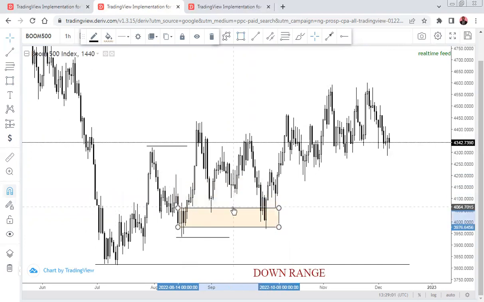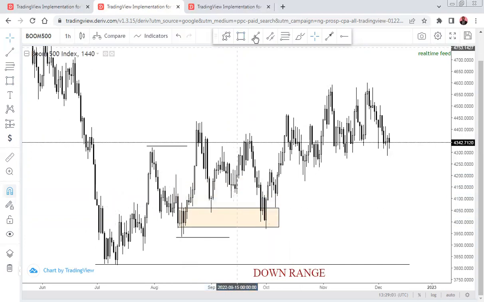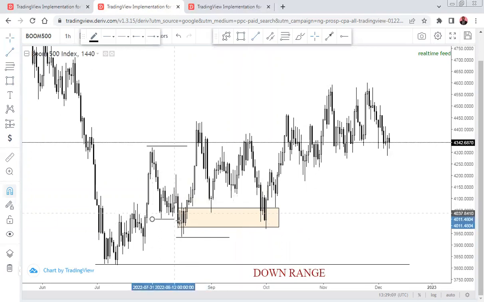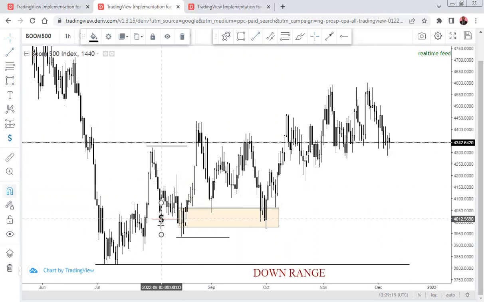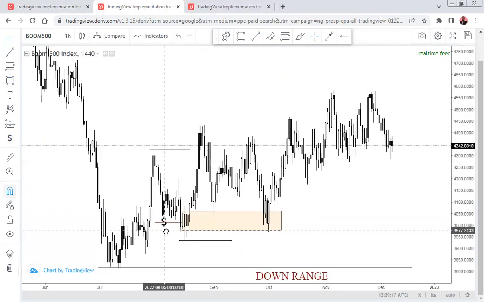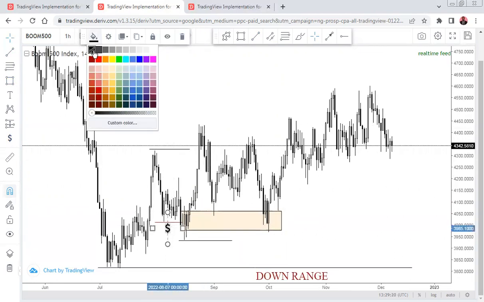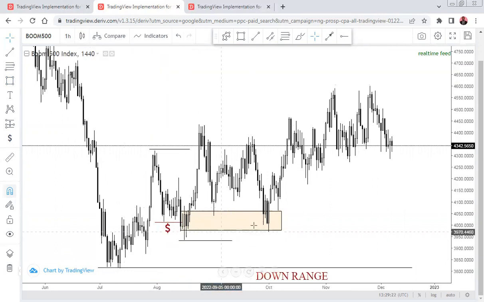But this was the candle that cleared all this liquidity within this region, internal liquidity, the candle that cleared all of them. Price traded back into this candle and price broke this range.